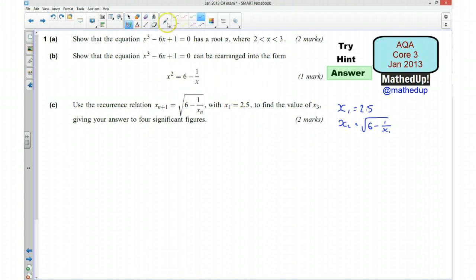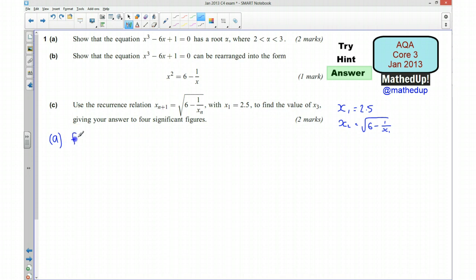So starting with part A, I'm going to start by writing this as a function.